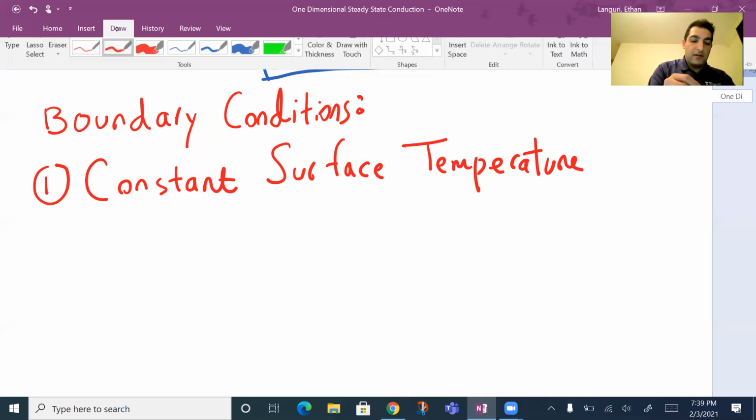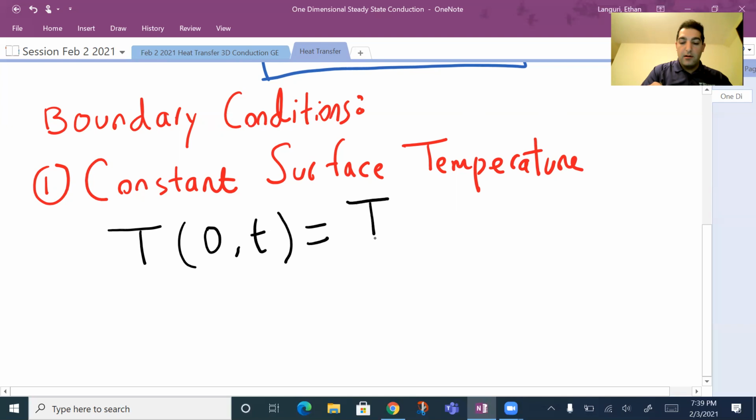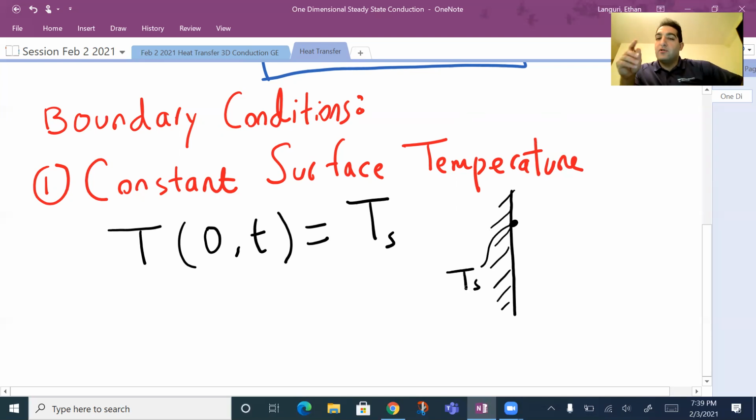So how do we show this case? In mathematical format, we are saying that the temperature at a certain location, let's say at x equals 0, at any time is constant. Let's show it with Ts as the surface temperature. Imagine this is my surface, this is my wall. Let's assume the surface temperature that we monitored over time remains constant; call it Ts.